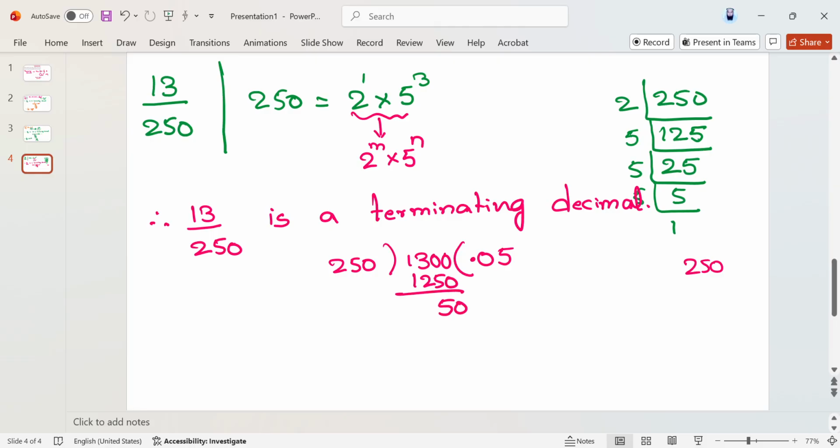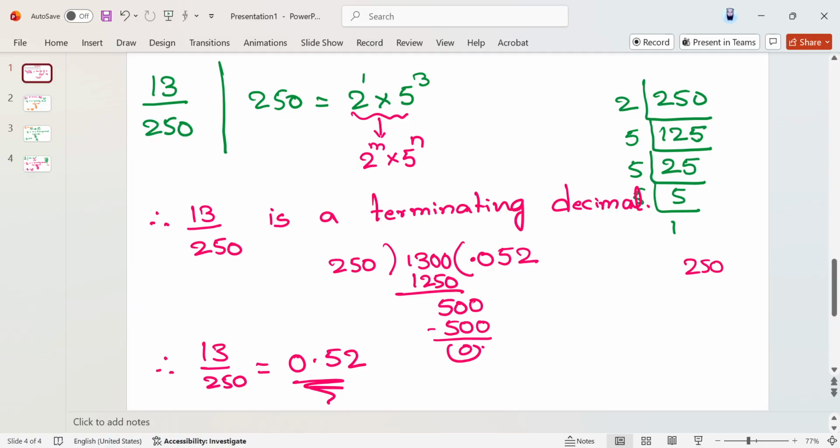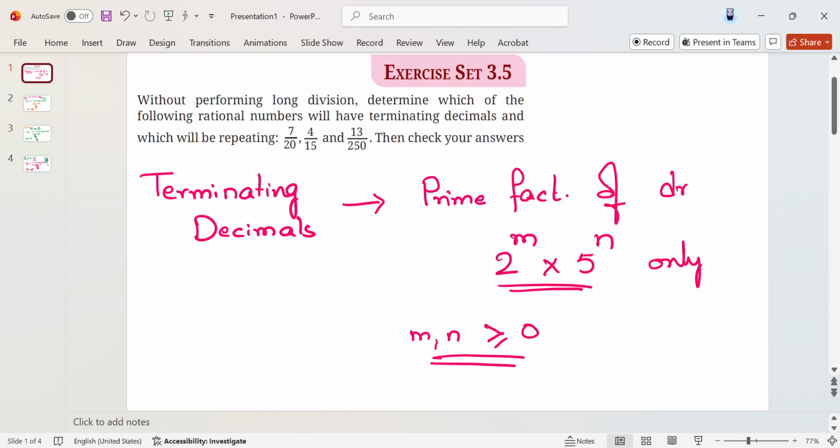So what is the remainder? 50 is the remainder. And since I have a decimal, you can take 0, and 2 fives are 10, 500. So 13 divided by 250 equals 0.52.